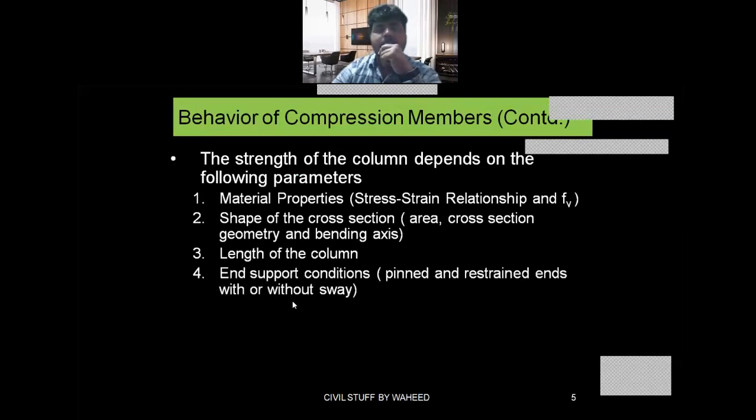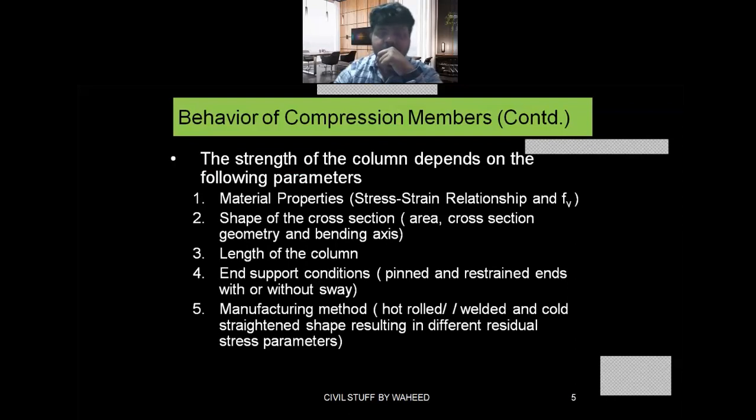Next, end support conditions, whether pinned or restrained end conditions, with or without sway. One end fixed and other end free means it is a sway condition. Next is the manufacturing method, whether hot rolled or welded or any other, resulting in differential residual stress parameters.